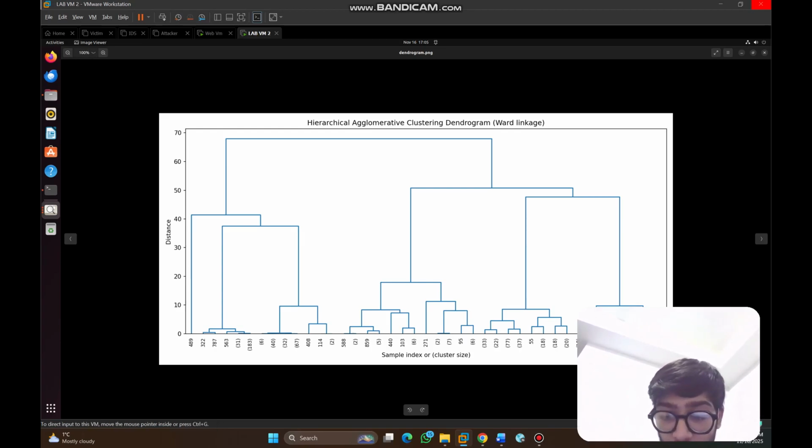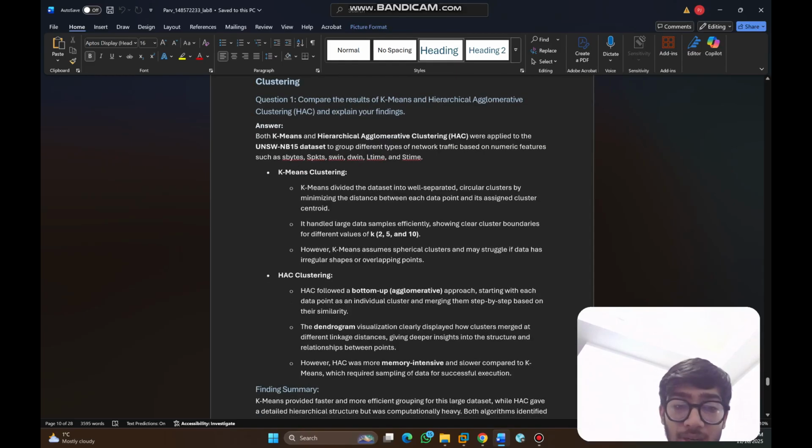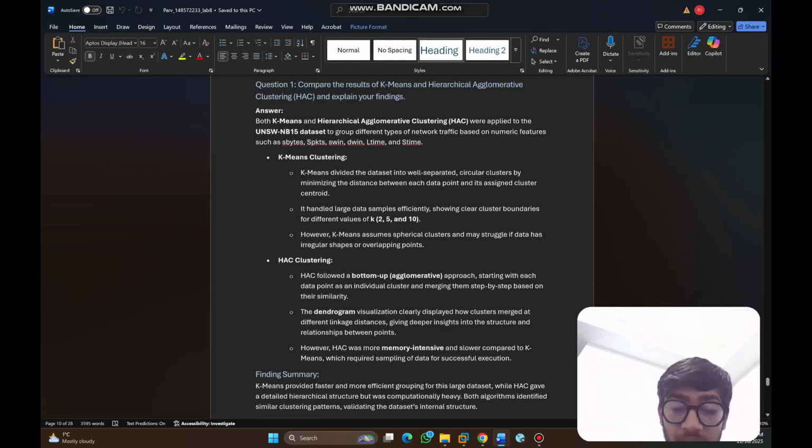Now let's move on to task 4. Task 4 is comparing the k-means and HSE methods, and which one is the best. Both were applied to the dataset. K-means clustering divides the dataset into well separated circular clusters by minimizing the distance between each data point and its assigned cluster centroid.